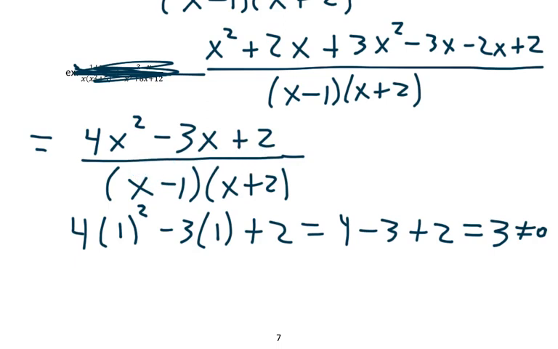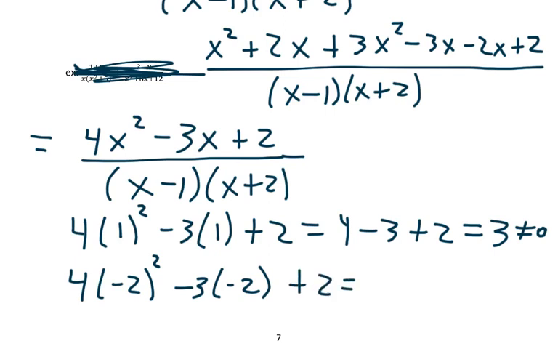So I'm using a fact from an earlier video. Let's also check with x plus 2. Well, if we do 4 times negative 2 squared minus 3 times negative 2 plus 2, that turns out to be 16, because that's 4 times 4, plus 6 plus 2.